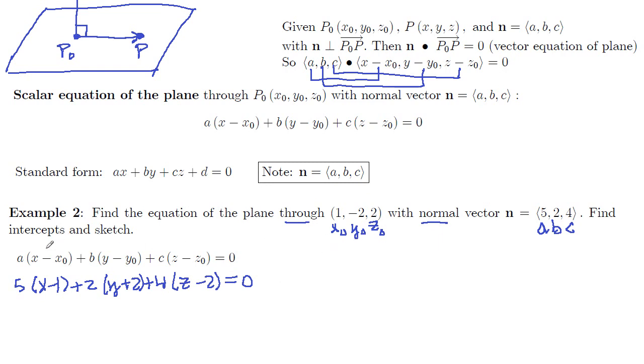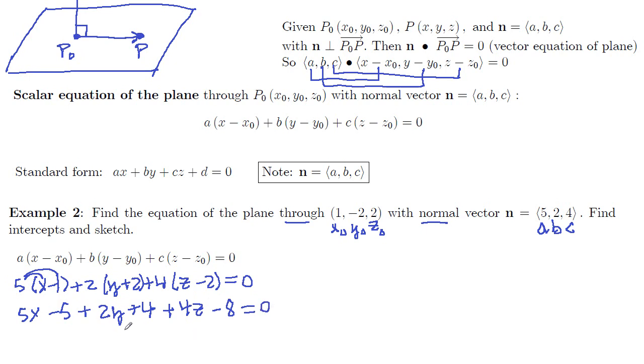We want to now find intercepts and sketch. So let's go ahead and simplify this and multiply this out. So that'll be 5x minus 5 plus 2y plus 4, and then plus 4z minus 8 equals 0.